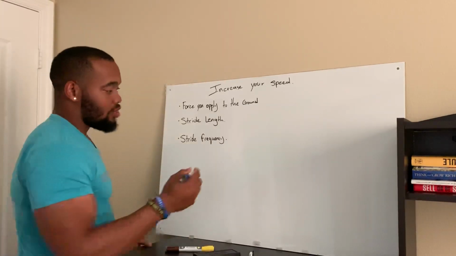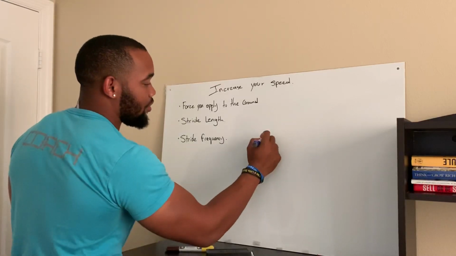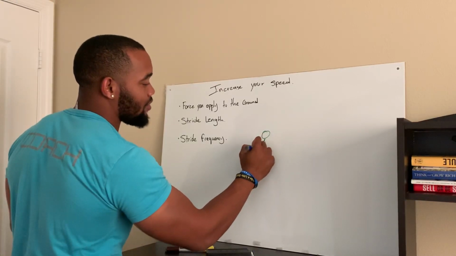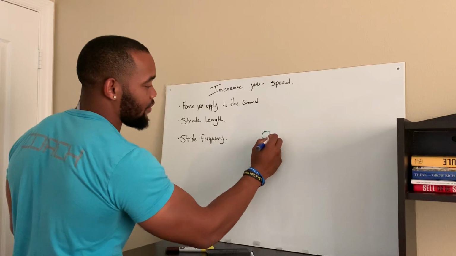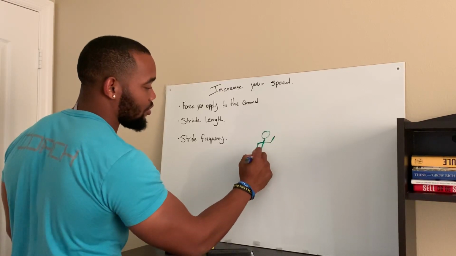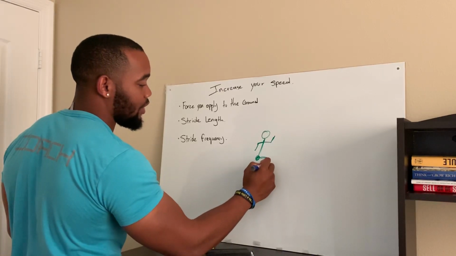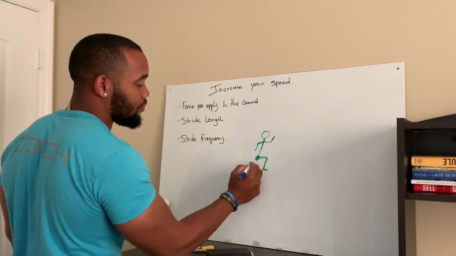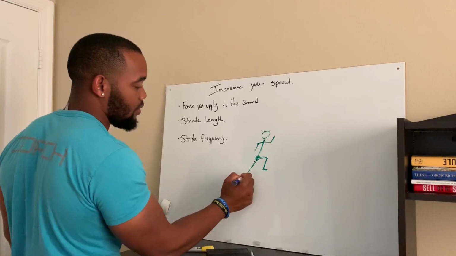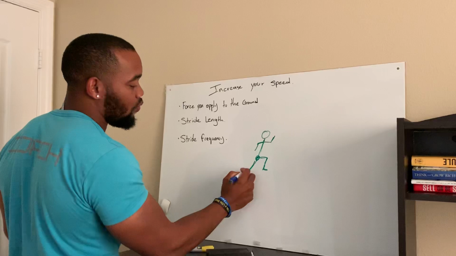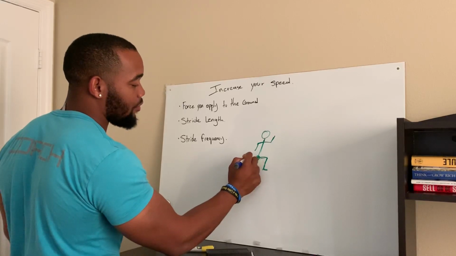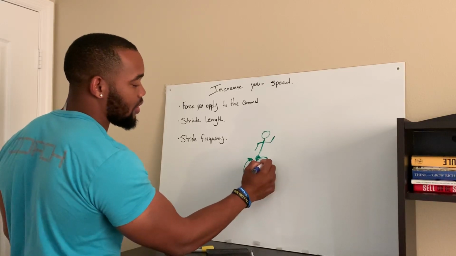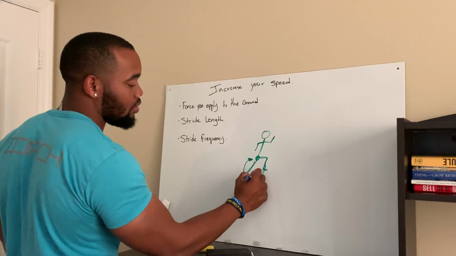Now, when we talk about stride frequency, number 3, stride frequency just comes with running efficiency. How efficient are you as a runner? And that comes with your cycle. So what you want to do is have a perfect circle with this cycling motion.